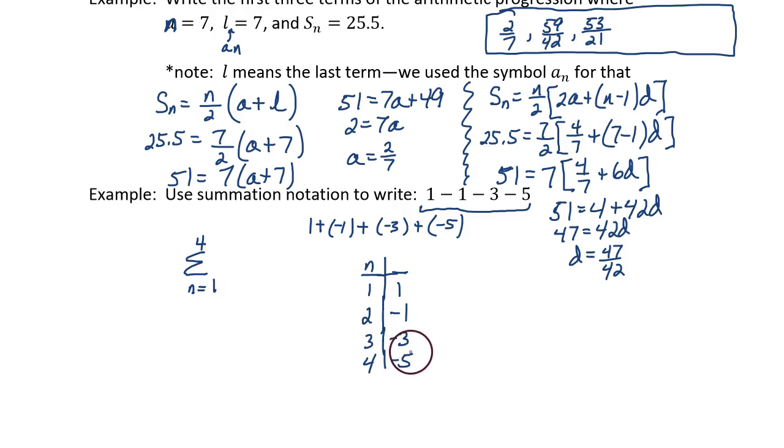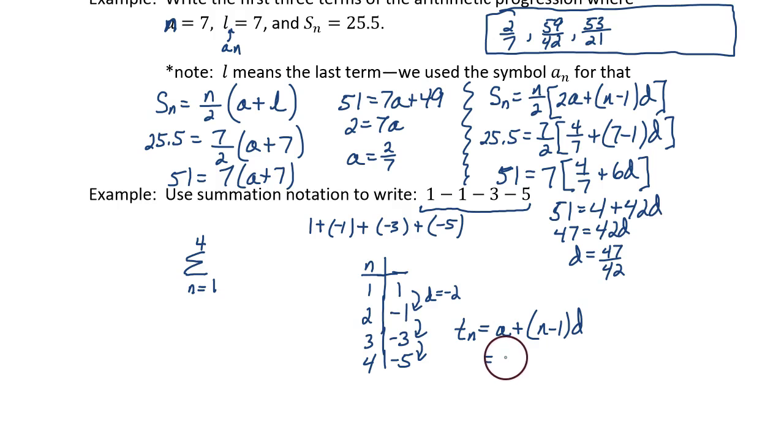Well, remember, this is an arithmetic progression, so there is a common difference from term to term. In this case, it's subtracting 2 every time. So let's create a formula for the general term. The other day, we used the symbol t sub n for that. It was equal to the first term plus n minus 1 times d.